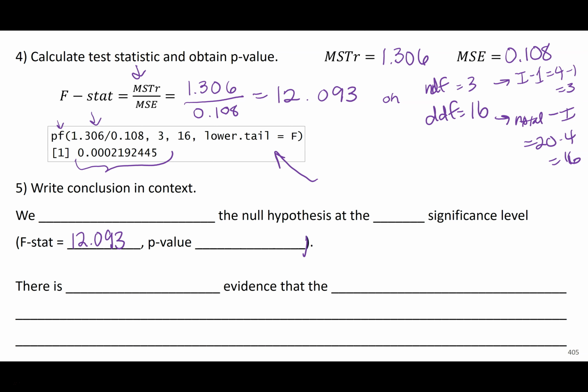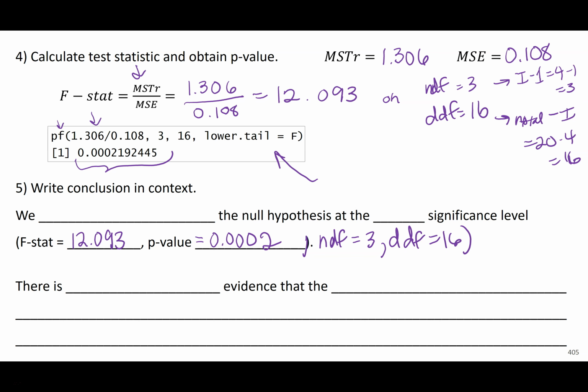I'm going to put numerator degrees of freedom, it should be right there after that, 3, denominator degrees of freedom is 16. My p-value, what was it? It was equal to 0.0002.